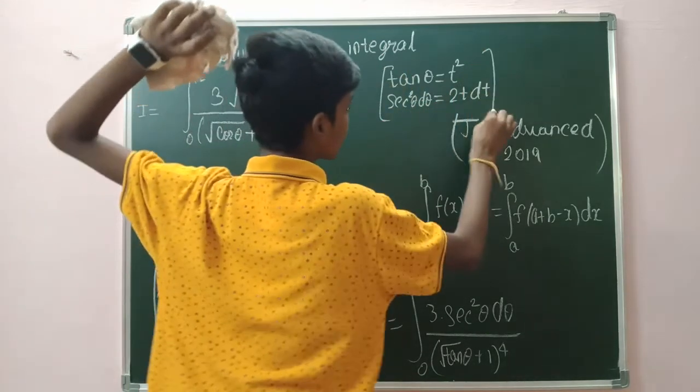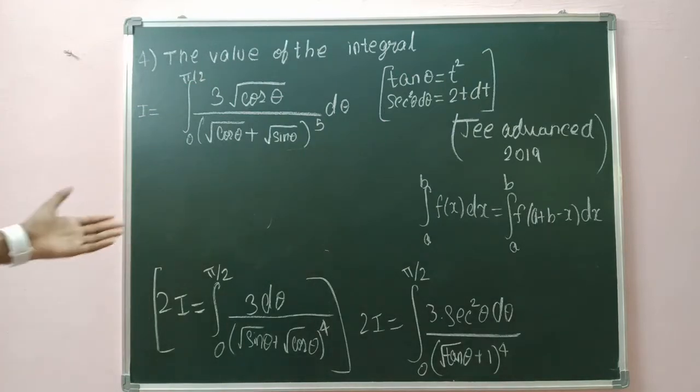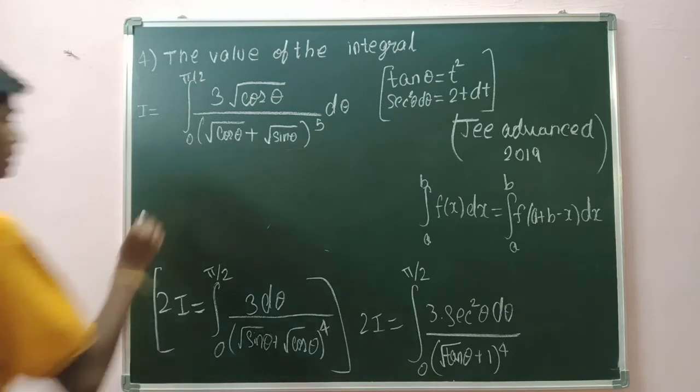So this is the substitution I'm going to use here. When you take tanθ as t², then sec²θ dθ will be your 2t dt.